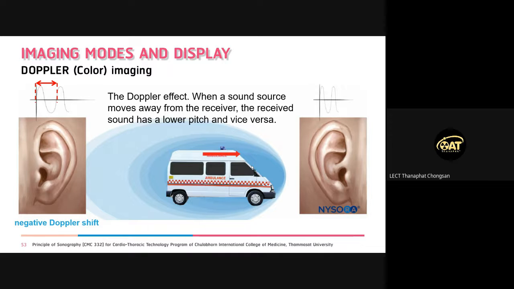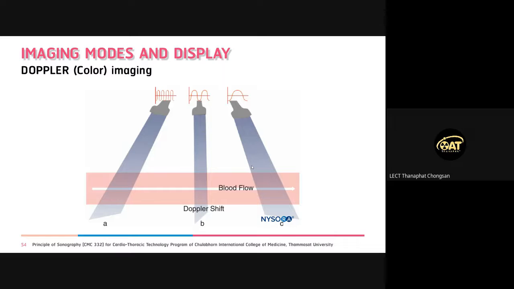This displays negative Doppler shift, where the sound source goes away from the receiver, and positive Doppler shift, where the sound source comes to the receiver. That is applied for creating blood flow imaging.